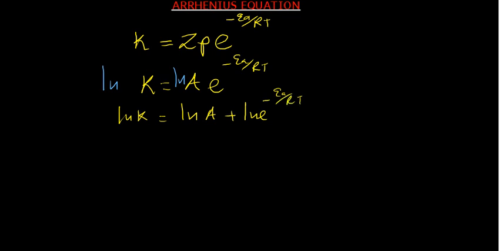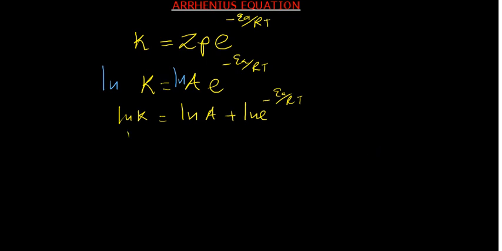And how has this come about? When we have got ln of AB, this is as good as saying ln A plus ln B. So whenever these two are multiplying, we can separate them with a plus. That is why we've separated this and this with a plus, because we have introduced natural log. That is a rule of logarithms.